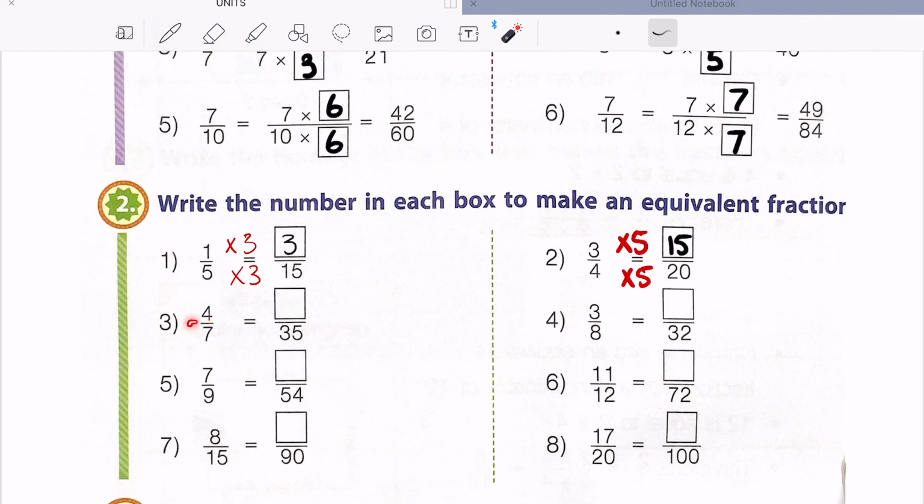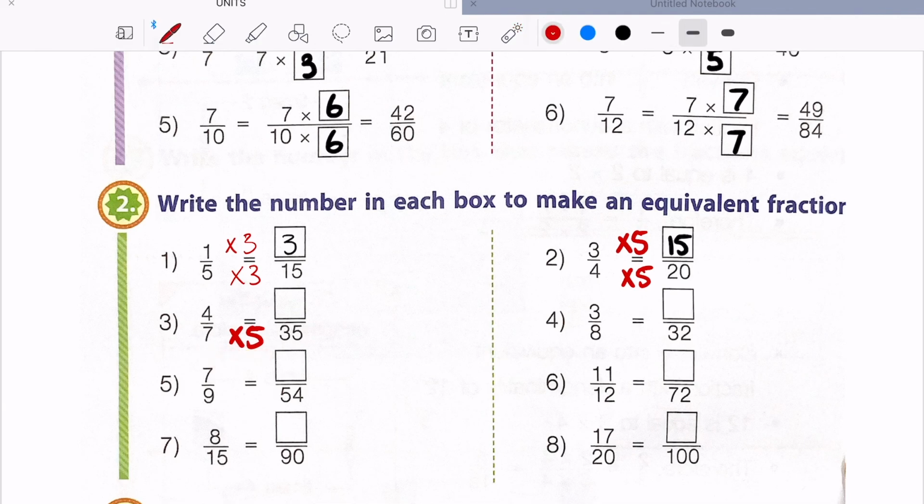4/7 is equal to blank over 35. 7 times what equals 35? 7 times 5 is equal to 35. So if we multiply the bottom by 5, we also have to multiply the top.